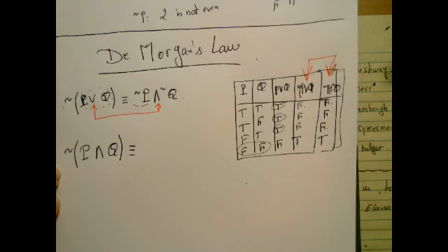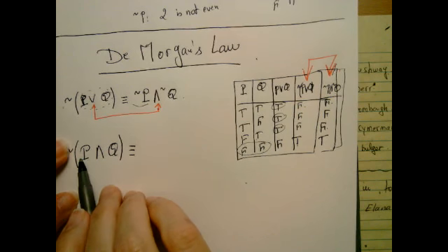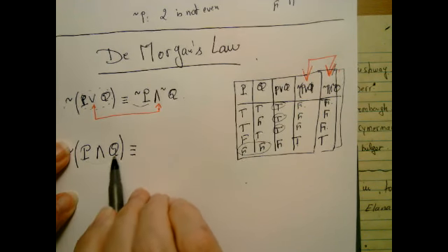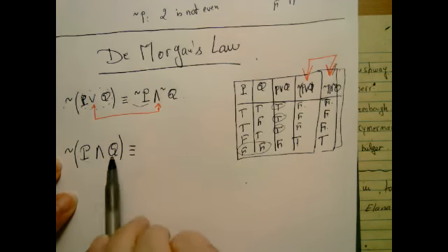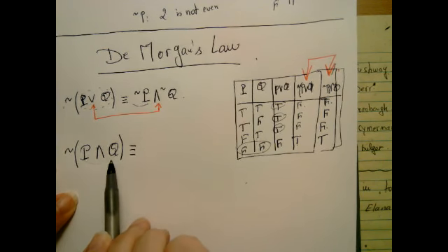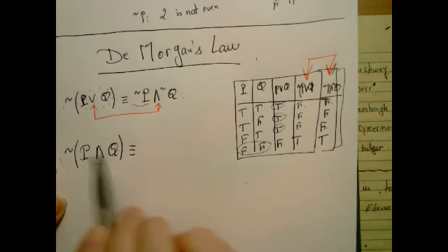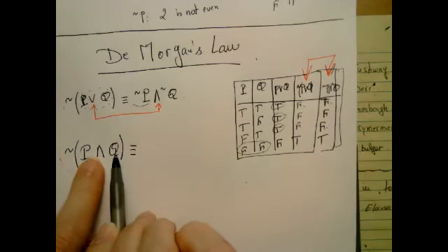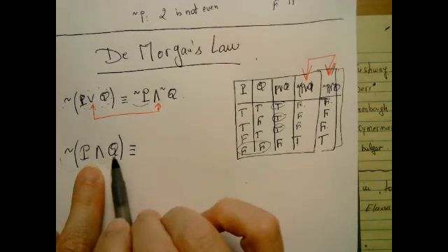What's the negation of P and Q? Let us think a little bit. The negation is true when P and Q is false. But when is P and Q false? P and Q is false if one of them is false.